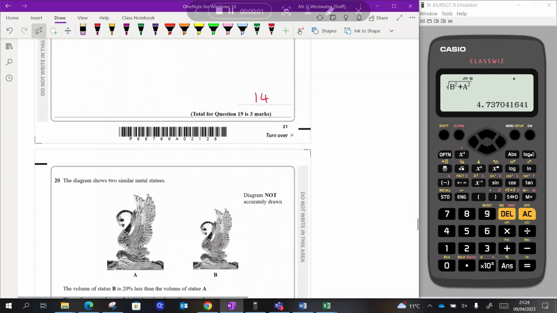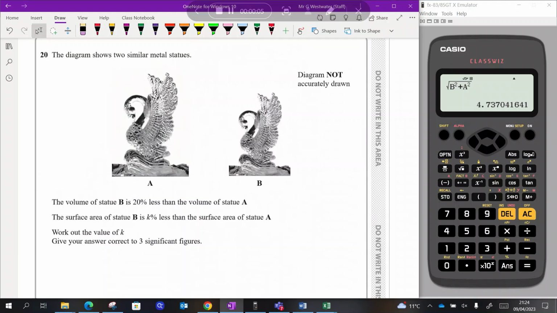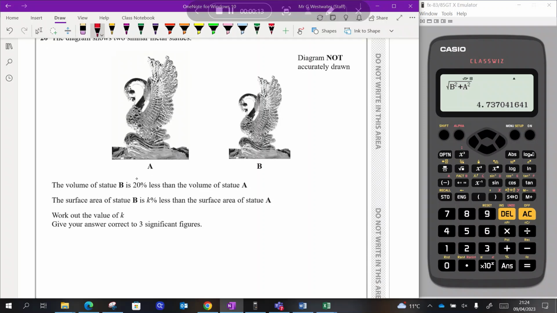Okay, on to question 20. And without reading it, it looks like we've got some similar shapes here. So, the diagram shows two similar metal statues. The volume of statue B is 20% less than the volume of statue A. So we're talking about scale factors not just in one dimension.